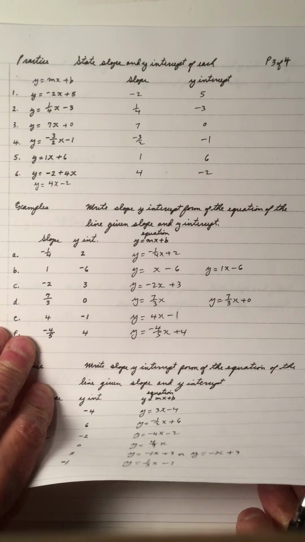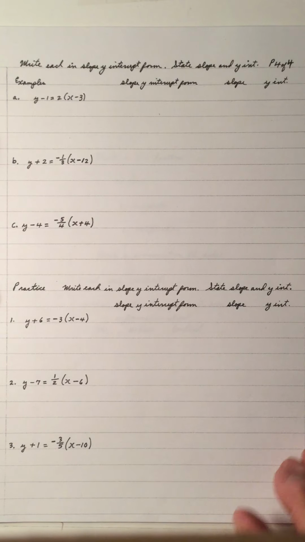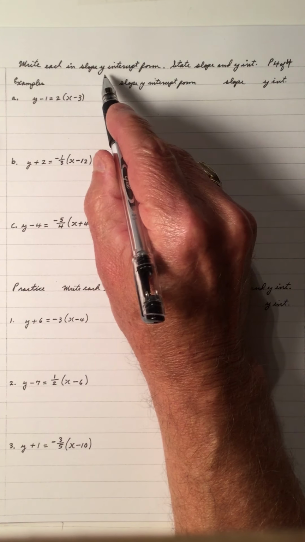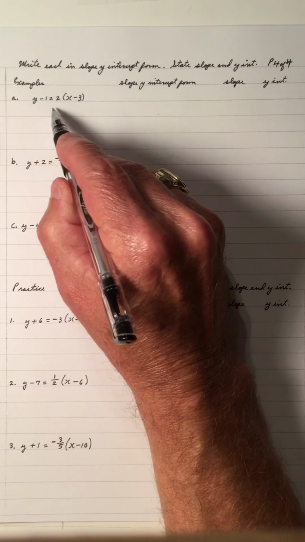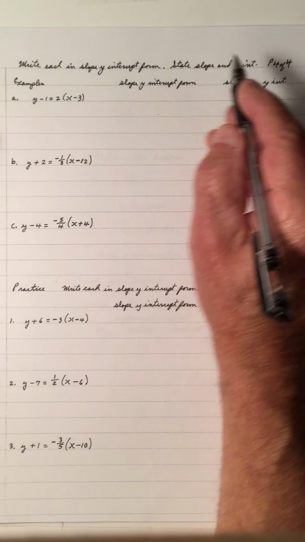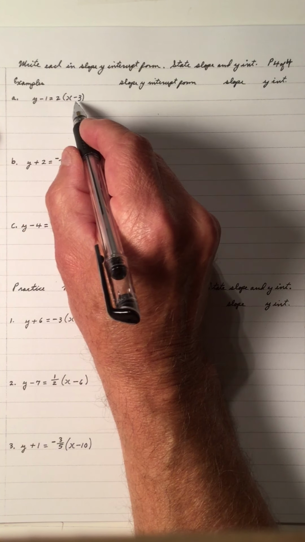Okay, let's continue. Now, write each in slope, y-intercept form and state the slope and y-intercept. Note, I'm reviewing again, I have a point slope form.